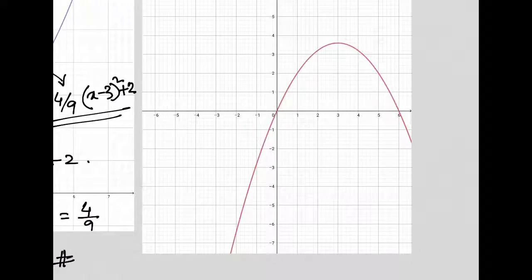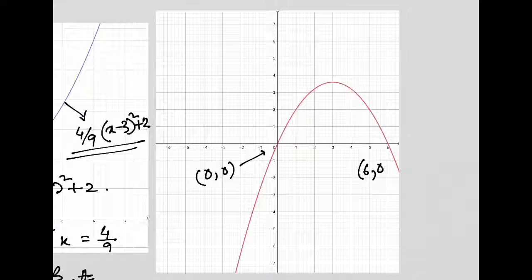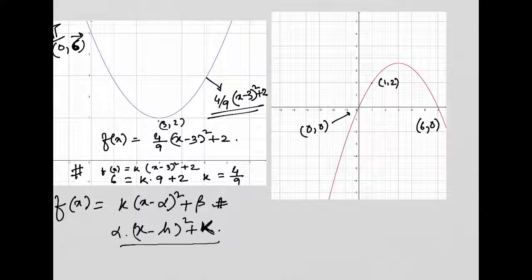Now for this kind of quadratic graph, how do I find the expression? I can see I am having 3 points over here. One is (0, 0), one is (6, 0), and here I am having (1, 2). I know my quadratic expression is ax square plus bx plus c, and I am having 3 points, so I can get a, b, c.